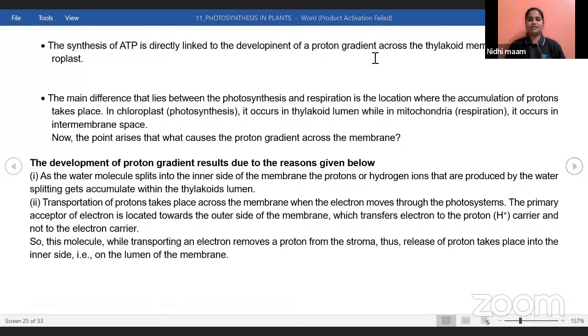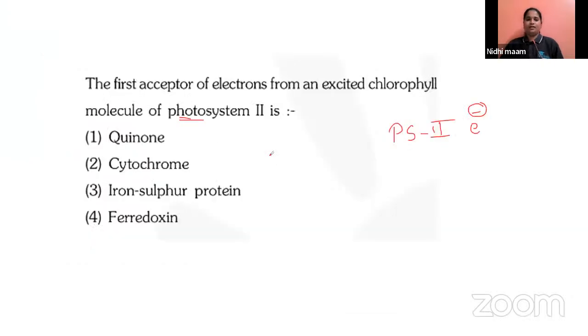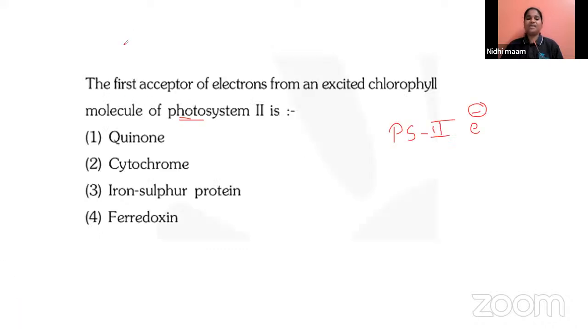Okay, answer the question. Okay, B, cytochrome. So the answer here is that in PS2, quinone will be the electron acceptor. Quinone. They asked PS2. Okay. So option A is the right answer.